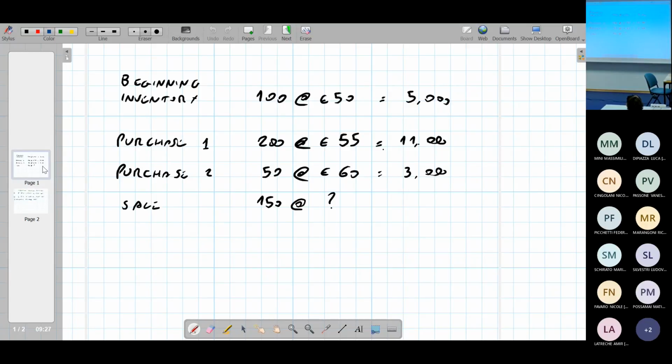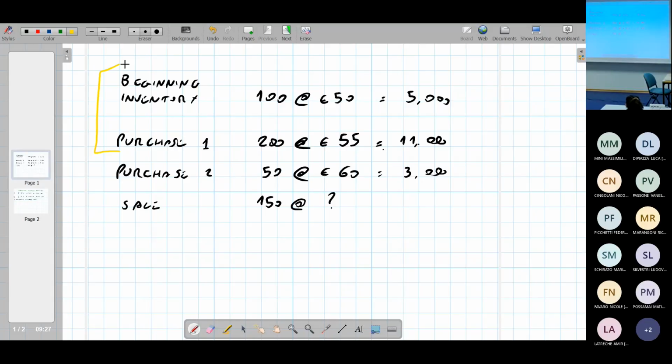So the oldest units clearly are related to these two different values, the beginning inventory and the first purchase. Why do I need the first purchase? Because I'm selling 150 units and I only have 100 units in the beginning inventory. So I cannot possibly sell 150 units at 50 because I don't have them.